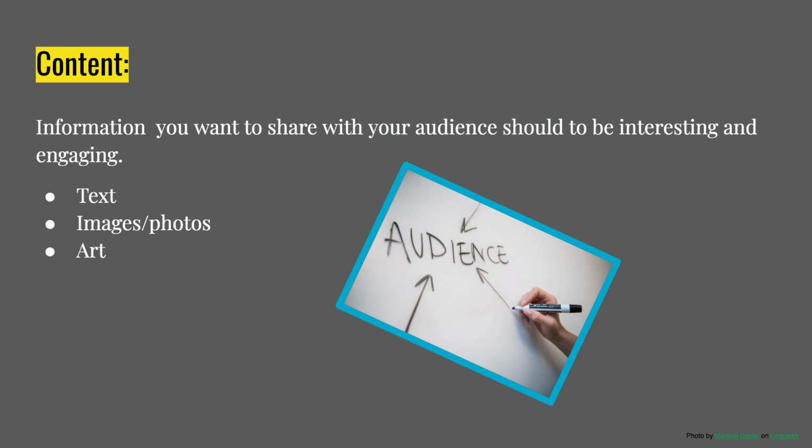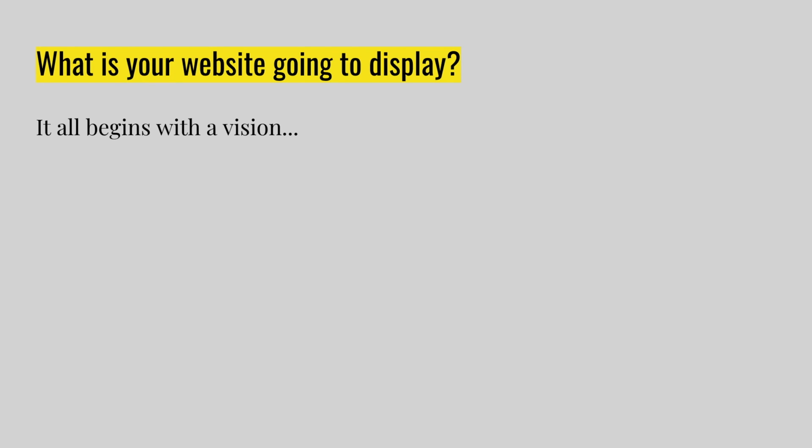We have interesting pictures, and if you're talking about, let's say, images of some art that you do, or whatever it is that you're placing on your website, you want it to be captivating and draw your audience in. So content's really important, because if you go to the site and there's nothing that's interesting or intriguing to you, you're going to leave it, right? So we want to make sure that we're writing interesting and fun stuff in there.